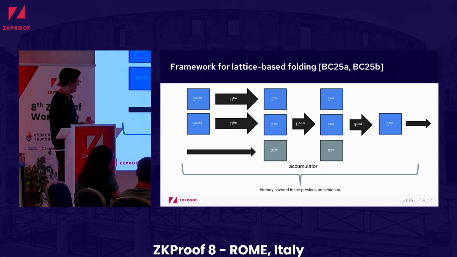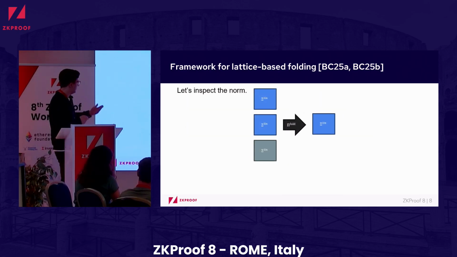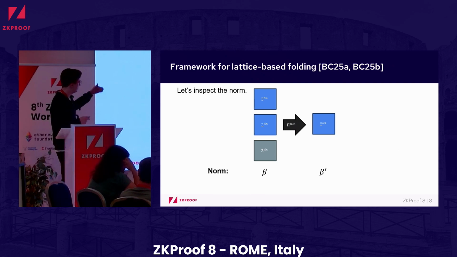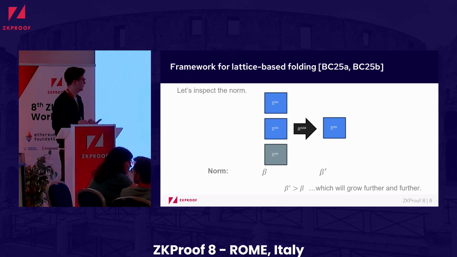Now we have a problem: when we look at this folding, of course there is the norm. We start from some norm β, and after folding we have some norm β′. This norm β′ could be larger, and it grows further and further with the rounds of folding.